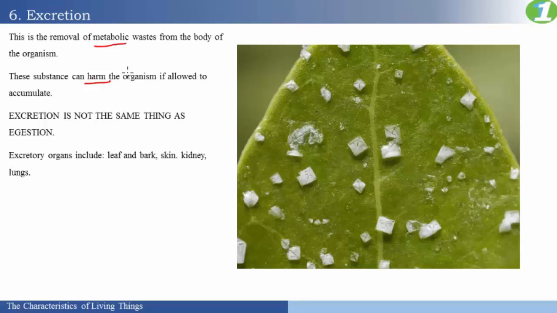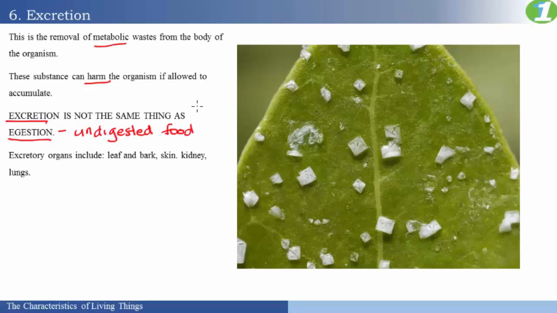It is important to note, however, that excretion is not the same thing as egestion. As mentioned before, in order for it to be excretion, a metabolic process must have occurred and produced some form of waste. But egestion is the removal of undigested food material.